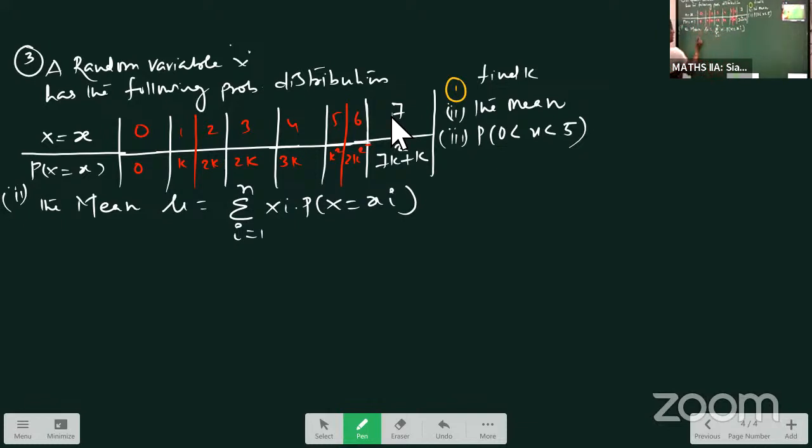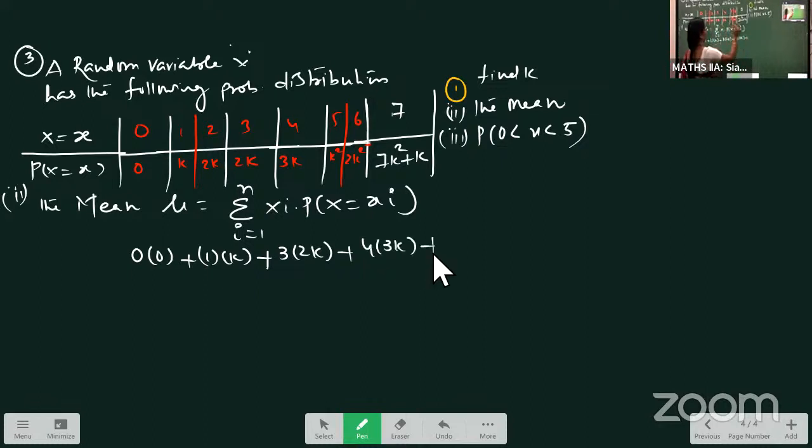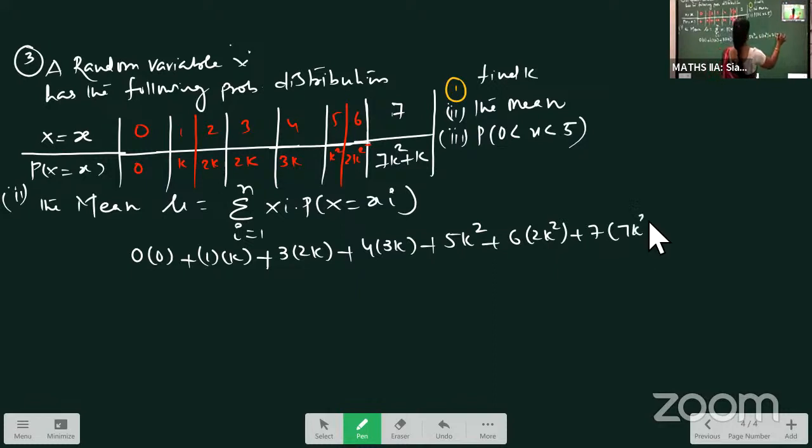Now, 0 into 0 plus 1 into k plus 3 into 2k plus 4 into 3k plus 5 into k square plus 6 into 2k square plus 7 into 7k square plus k.